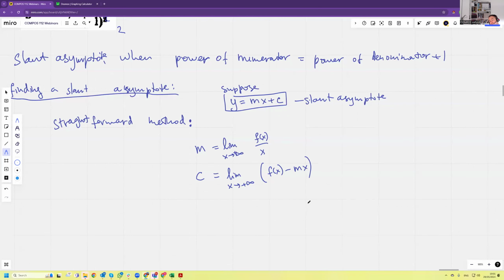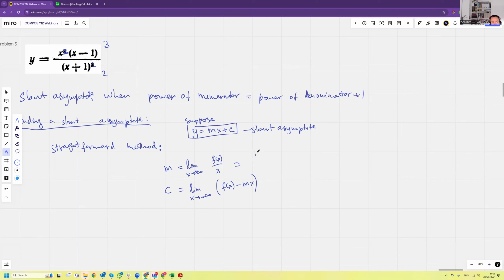Right, so I'm going to take this function, divide by x. So it's going to be the limit of x squared, x minus 1 divided by x plus 1 squared, as x tends to infinity. So we simplify.